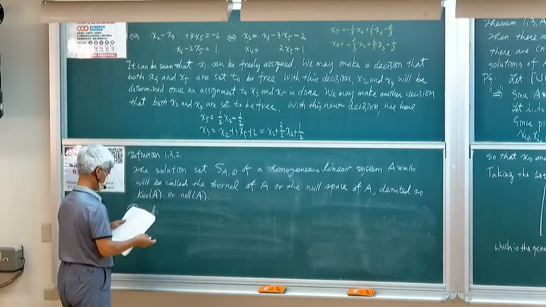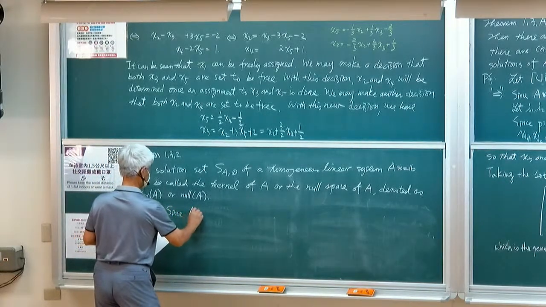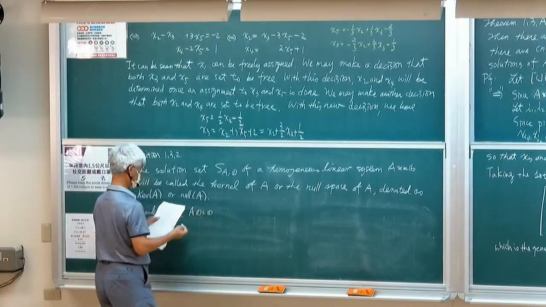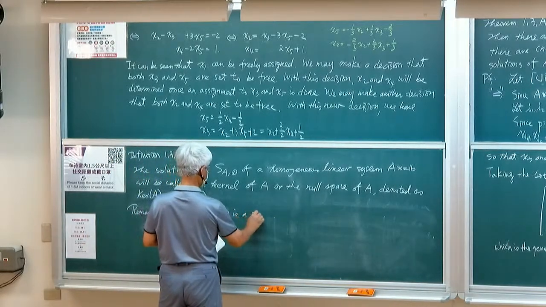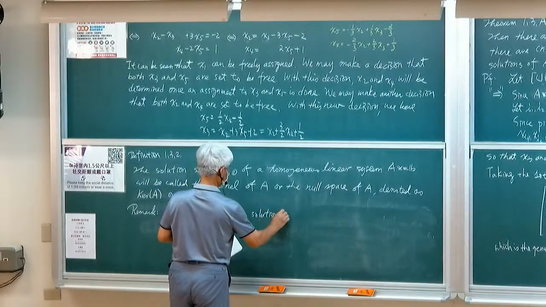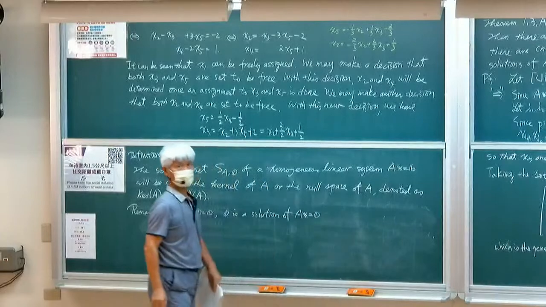I would like to give a remark. Since A0 equal to 0, so 0 is a solution of Ax equal to 0. Okay.